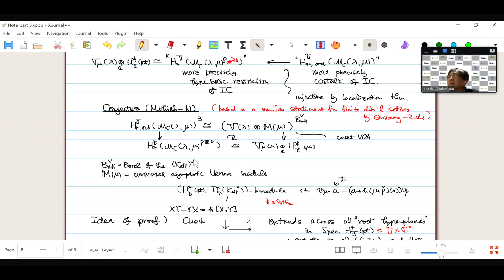Stable envelope is defined for smooth spaces, but hyperbolic restriction is defined for intersection homology for singular spaces. But there is a precise relation between them. So they are essentially the same thing.